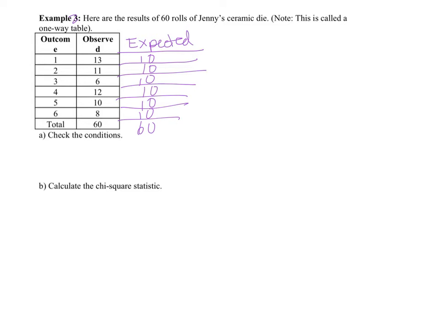And the first condition is that this was a random sample. Rolling a die is one of the most random things that you can actually do. So it's, by nature, random. The other thing is that you can roll a die an infinite number of times. So the 10% condition actually doesn't apply in this case.